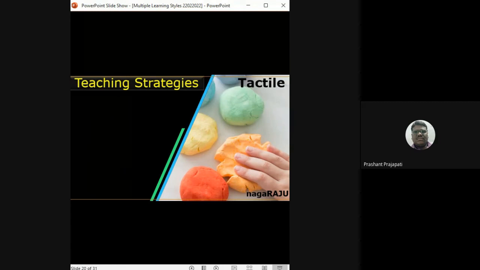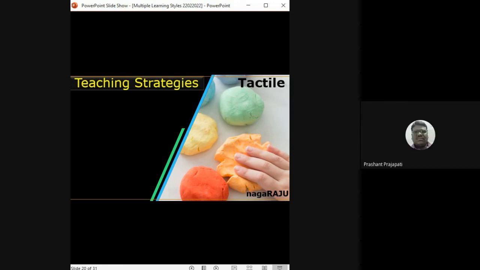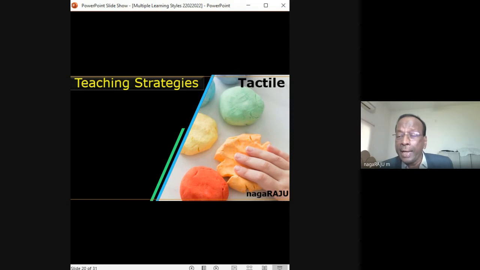I am just giving an example: for visually handicapped people, Louis Braille script is used. This is an example of tactile. Yes, Braille is an example of tactile learning, and like the visually impaired students learn through Braille, even the non-handicapped students also can learn lots of things when they touch things, when they feel things, etc.